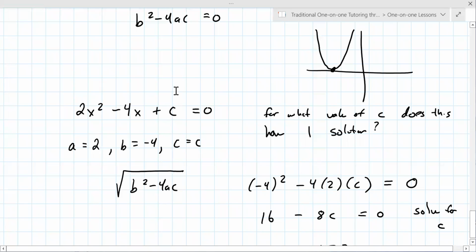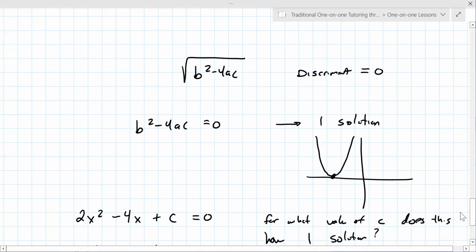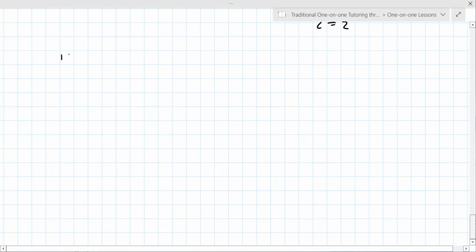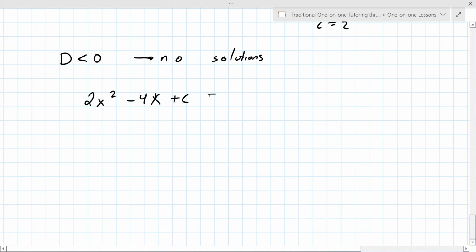Now, it's also possible that the discriminant could be less than 0. So if D is less than 0, there are no solutions. Let's look at the same problem again. 2x squared minus 4x plus C equals 0. The discriminant is less than 0.